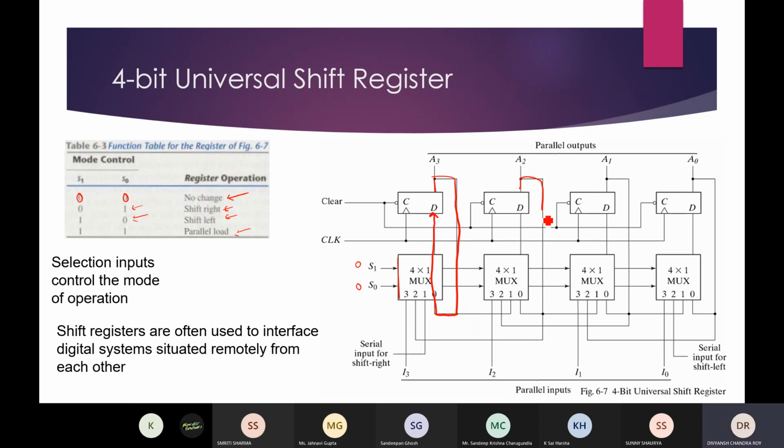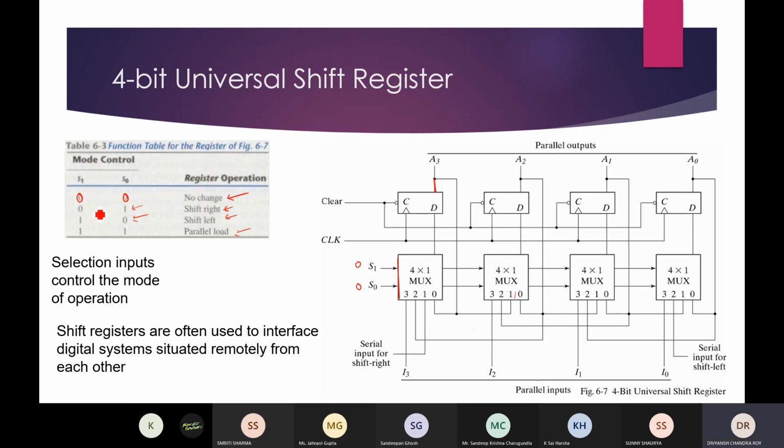Here also if you see, what is happening here, the output of the D flip flop is going to the input of the same D flip flop. So what will happen, it will simply remember its old state, meaning it will not change any value on application of different inputs.